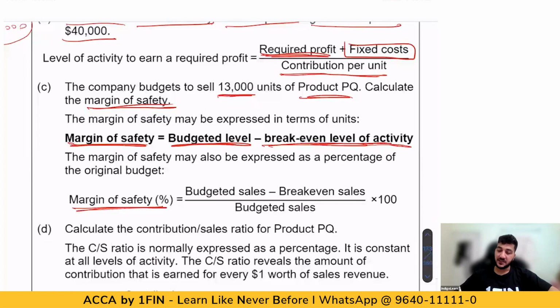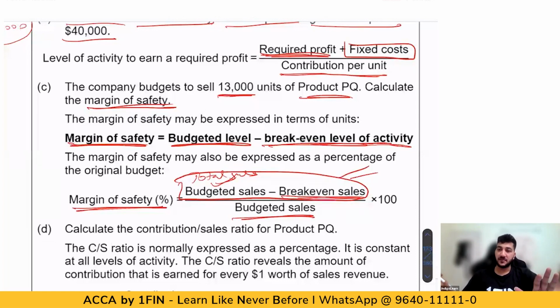Margin of safety percentage is equal to budgeted sales, that is total sales, minus the break-even sales, what remains is margin of safety, divided by budgeted sales. That is how much percentage of the sales is margin of safety. If you just want to calculate margin of safety, you calculate only the numerator, and you will get margin of safety in numbers.